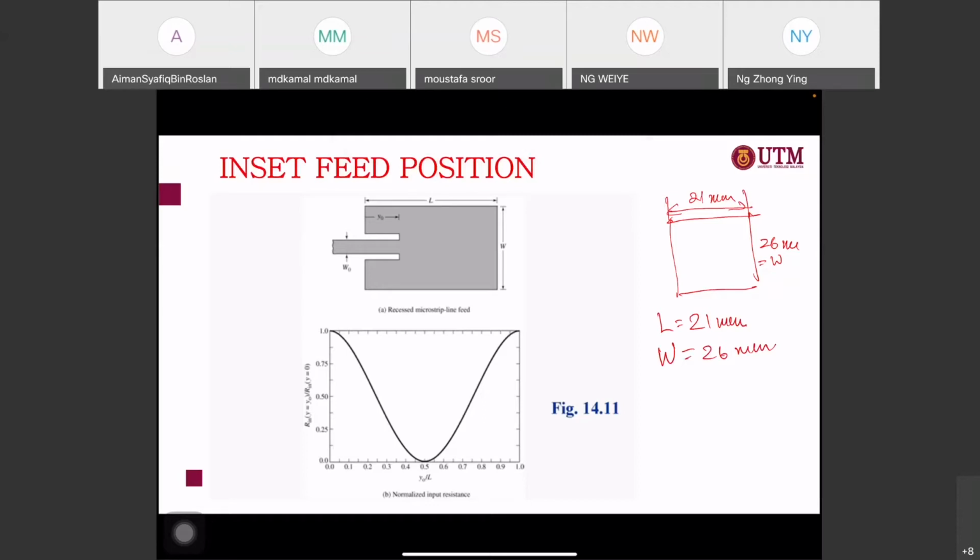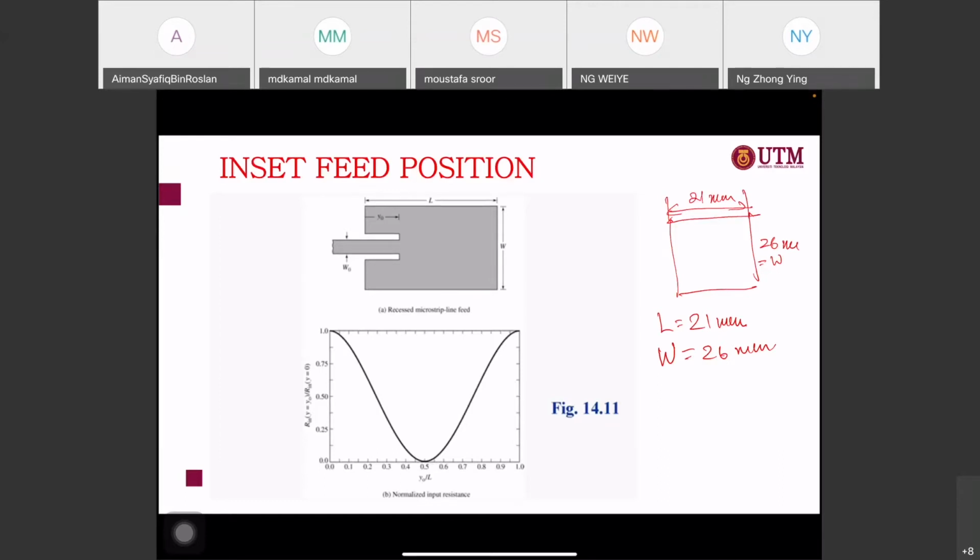Okay, so this is the answer that you will get in these particular values if you obtain this particular value. So you know already how to design your very simple patch antenna here.